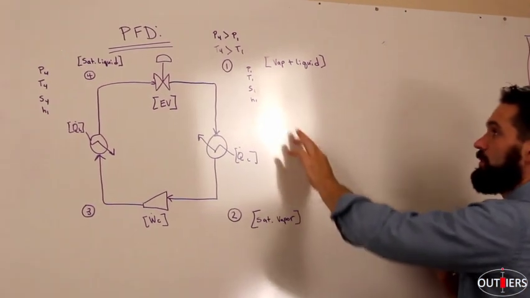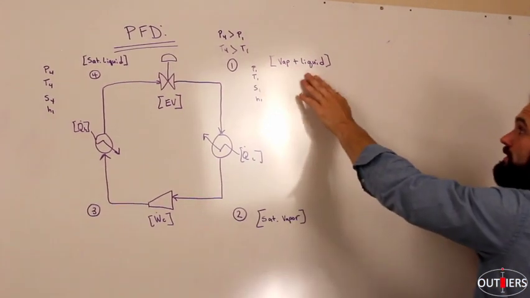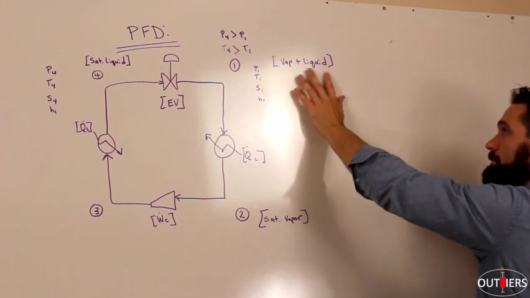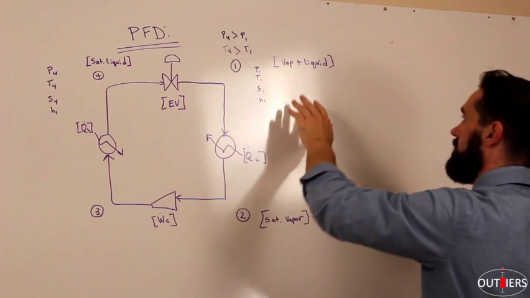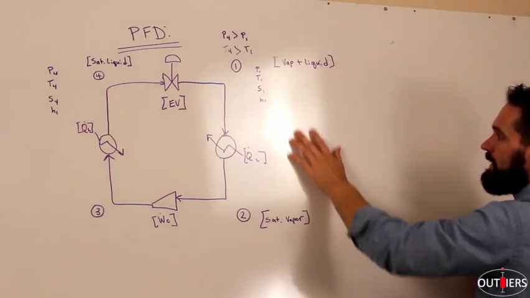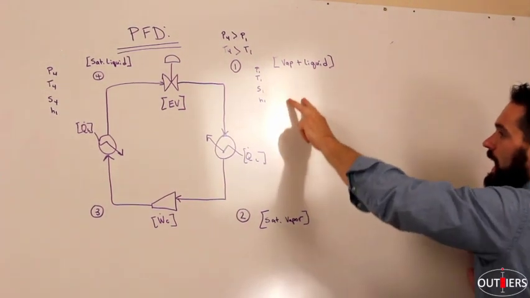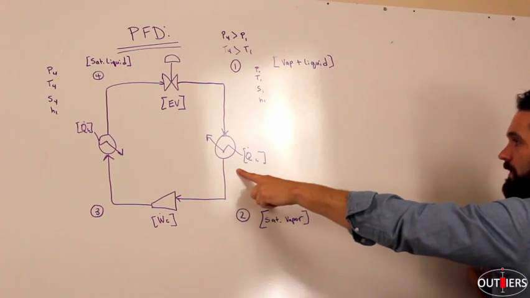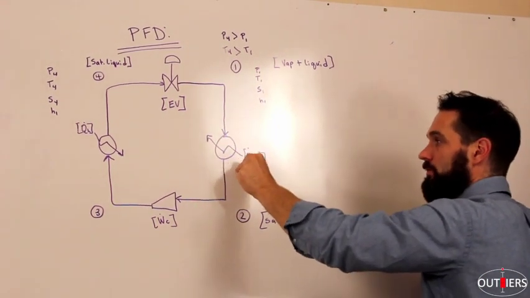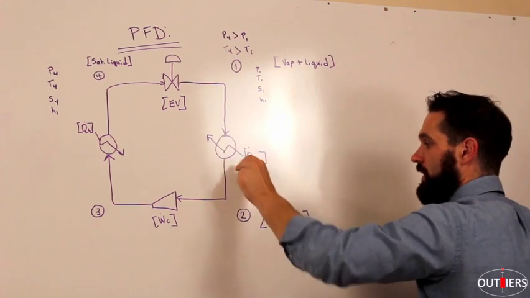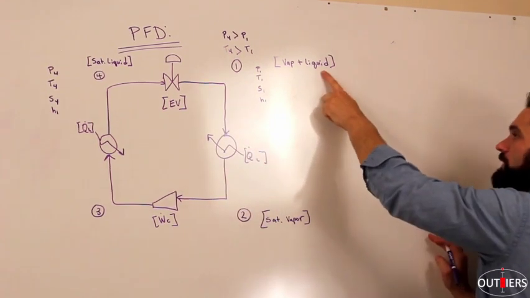So we're sending this vapor plus liquid system through. We don't know how much vapor or liquid at this point, but we could calculate that if we constrain the system some more. We would want to design the system such that, as we went through this exchanger, it picked up enough heat from the surroundings to evaporate all this liquid.